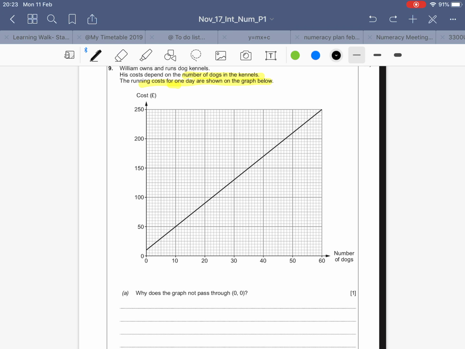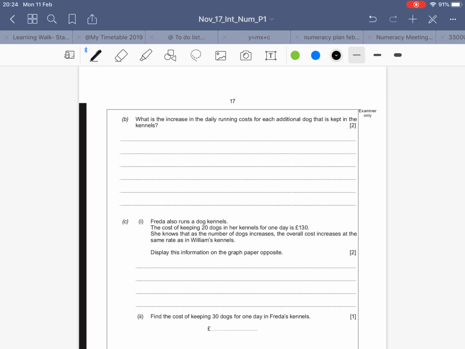So he still has to pay his fixed costs. This is another E1, logical thinking: he still needs to pay all fixed costs. And I'm going to give an example, electricity. So he's got to pay for that even when there's no dogs staying at his kennel.